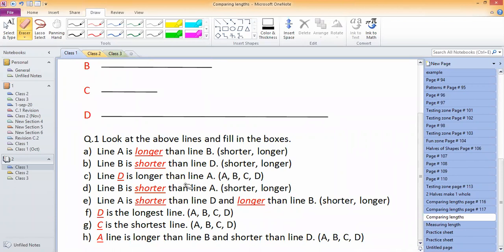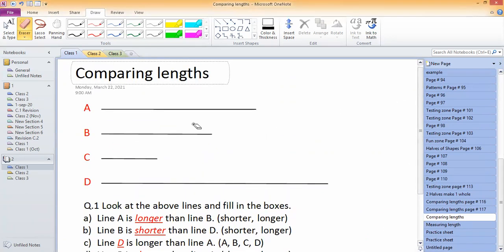If you look at H, dash line is longer than line B and shorter than line D. The condition is given, guys. You have to identify which line that is. The question is saying which line is longer than line B. First you check the longer lines.